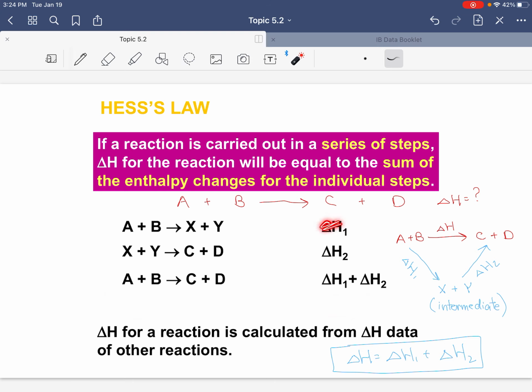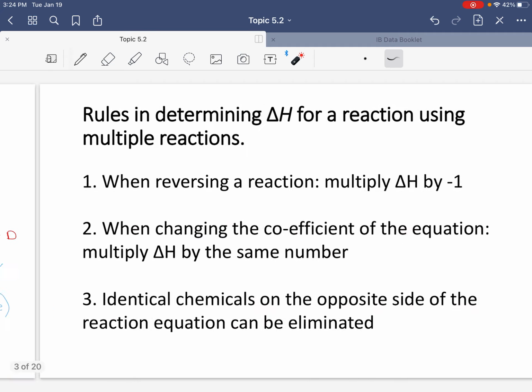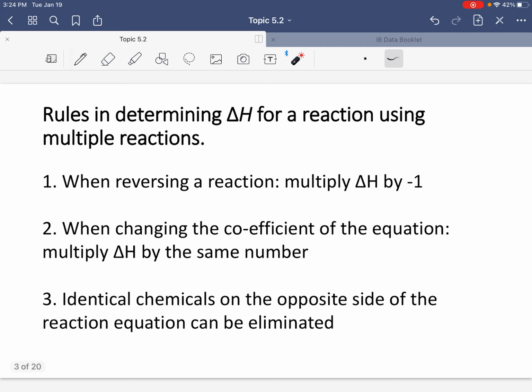Which means if this number was, let's say, 5 joules, the reverse of it will be negative 5 joules. Hope you knew that. If you don't, now you know.